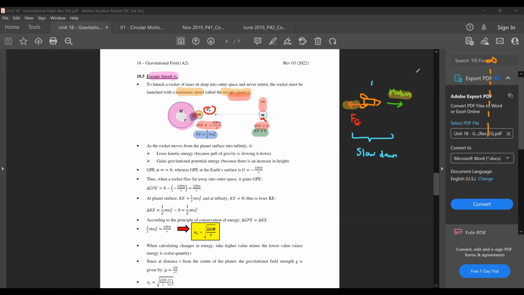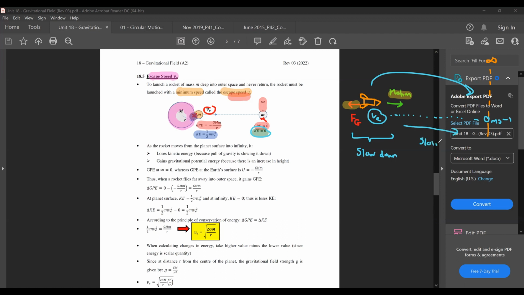As you move towards infinity, you will actually start to slow down. So it will be reasonable to assume that if you were moving with an initial speed of VE, escape speed, as you go all the way towards infinity, you will start to slow down until such a point that you reach 0 meters per second at infinity. That's why your KE here is going to be 0.